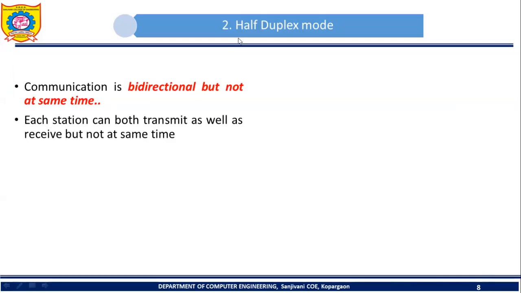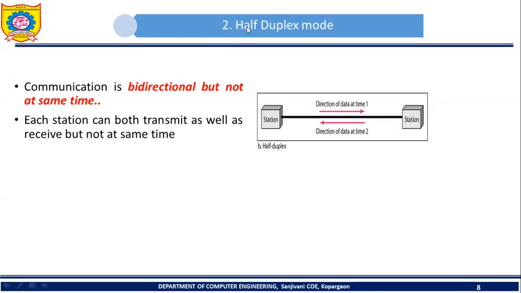In half duplex, each system can act as transmitter as well as receiver. In simplex, one system can act only as transmitter and the other only as receiver. But in half duplex, each system present on the communication link can act as transmitter as well as receiver. See this diagram, which explains how half duplex mode works.